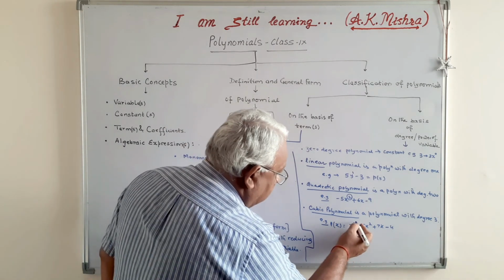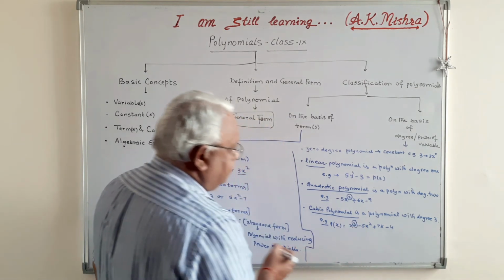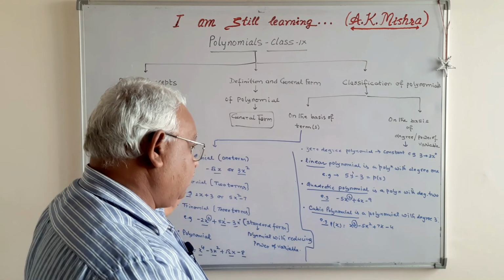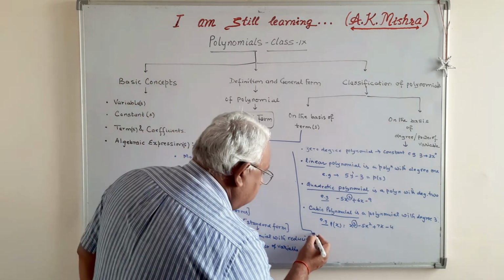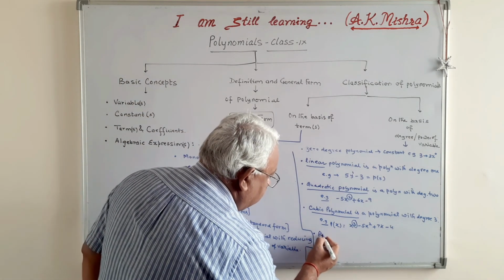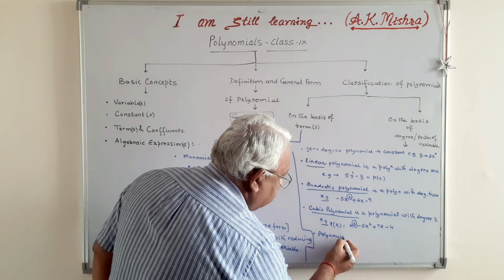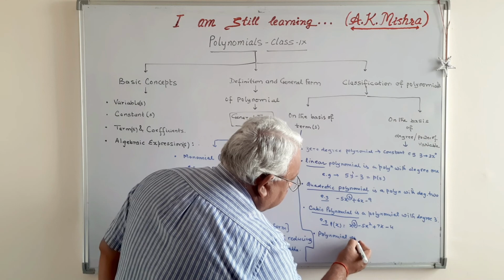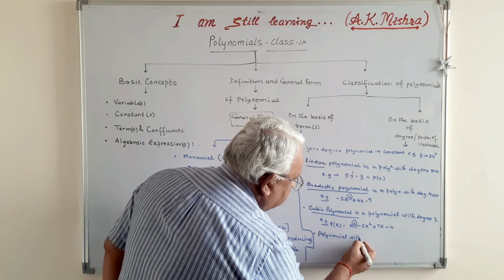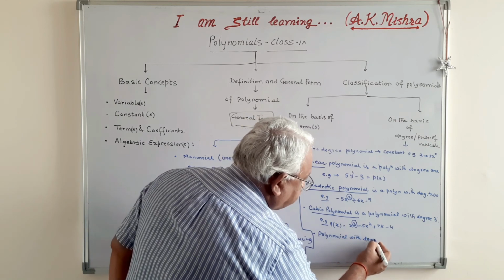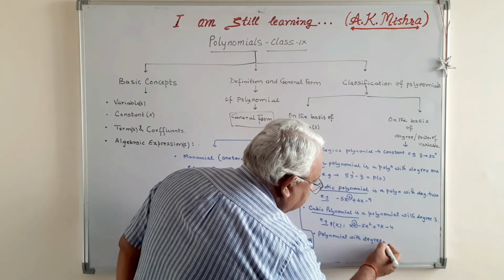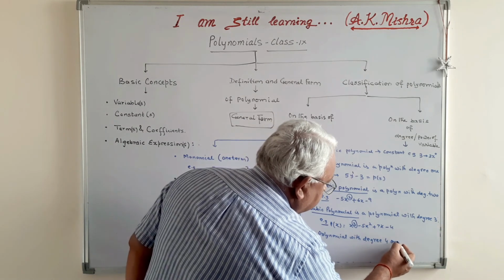Here the highest power of the variable is 3, so it is a cubic polynomial. Then you have a polynomial with degree 4 or more.